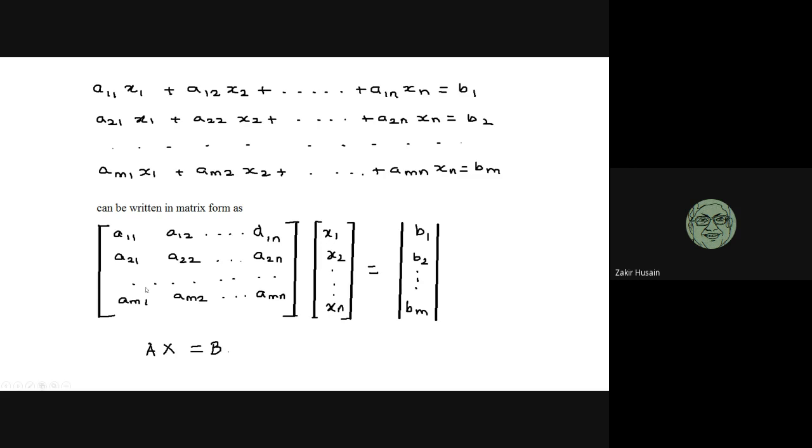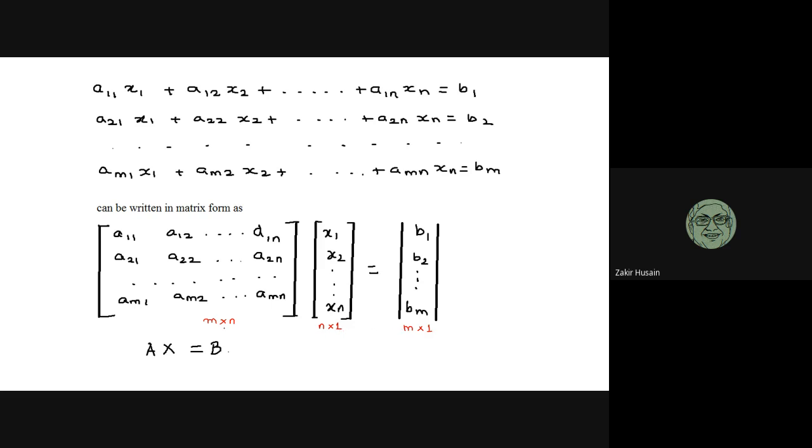Now note that over here we have got n. What is the dimension? The dimension is m into n. This is n into 1, and this is m rows but only one column. n rows only one column, m rows only one column.